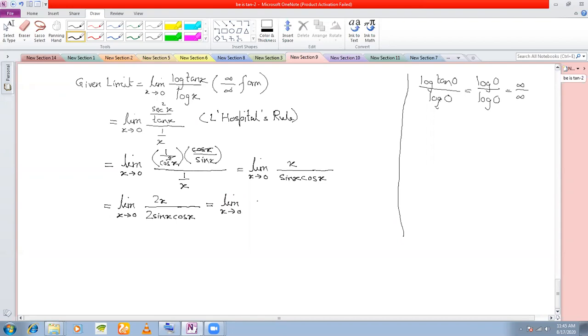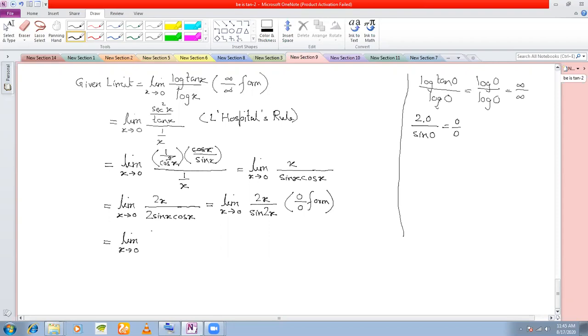You get 2x by sin 2x. Okay. So what do you get here? You put x is equal to 0, 2 into 0 by sin 0, which is 0 by 0. So this is again 0 by 0 form. x tends to 0.